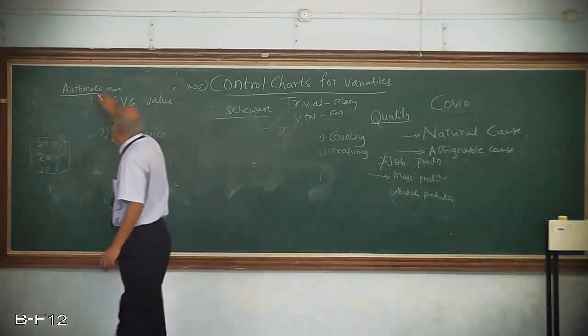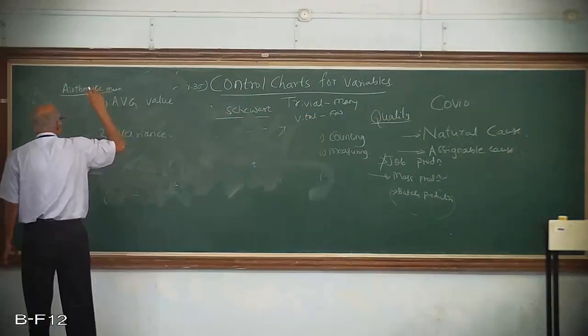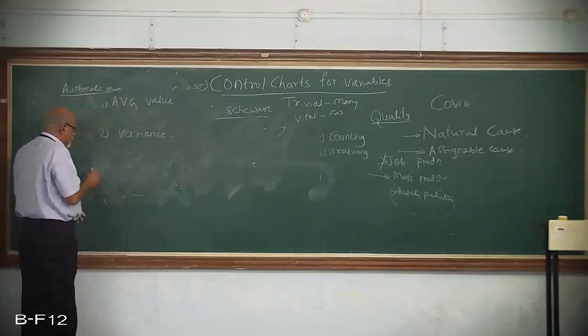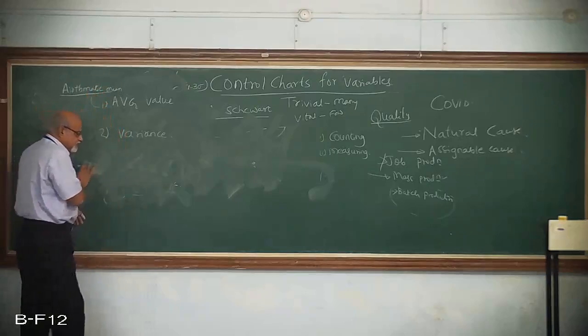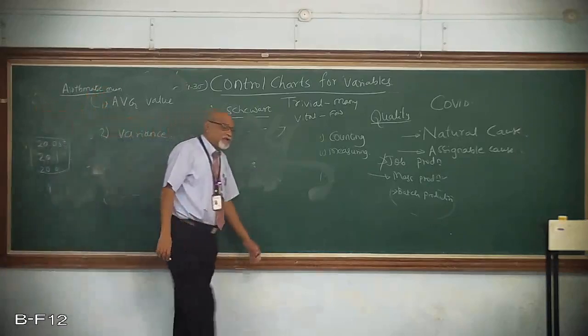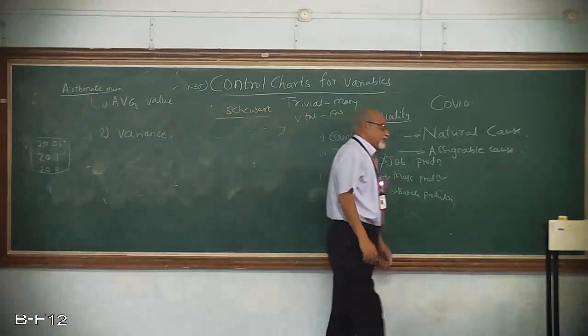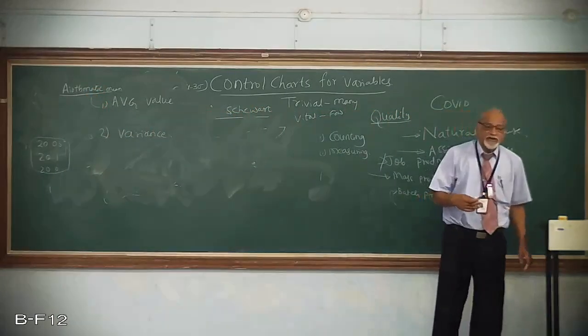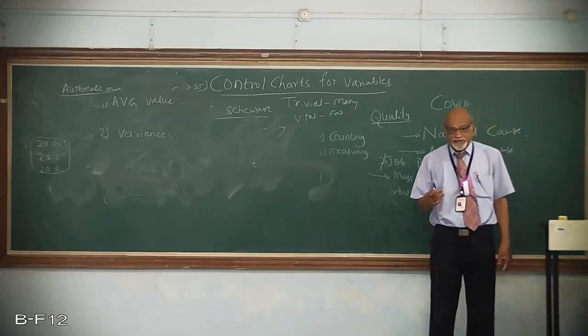That arithmetic mean, that is the average value, we know how to find out, x bar, or some bar thing which we will be talking about. So this is how it can be measured.